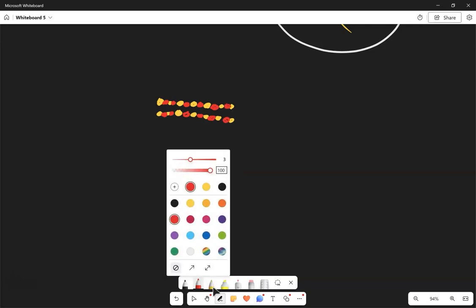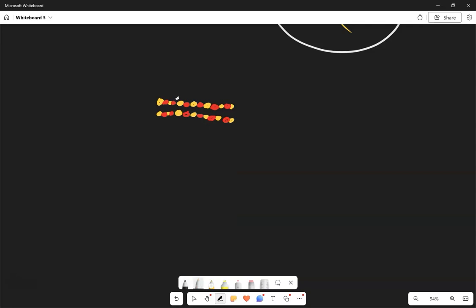Now, there are carrier molecules that walk along this microtubule. So they have little feet, and they have the carrier molecule associated with it. Okay? So what happens is you have sort of like a foot with a leg, and then a foot with a leg, and then that's carrying something.